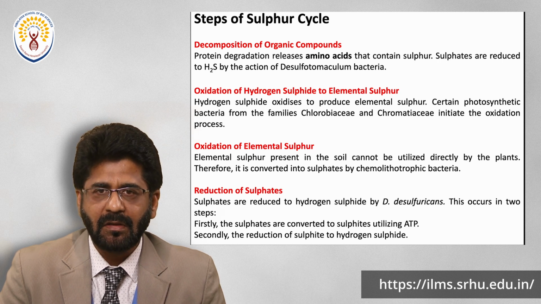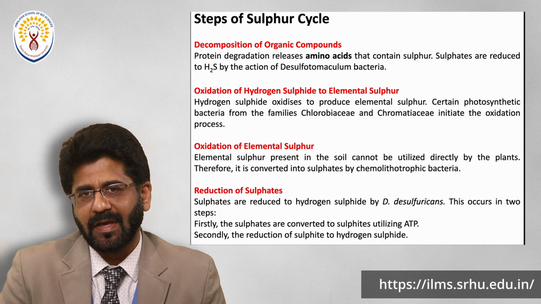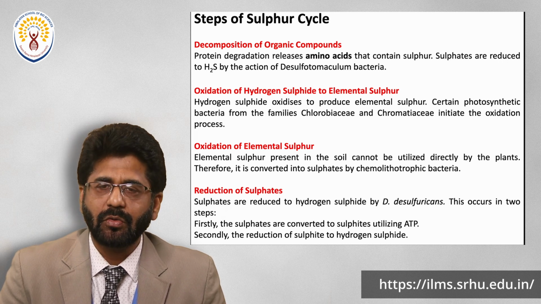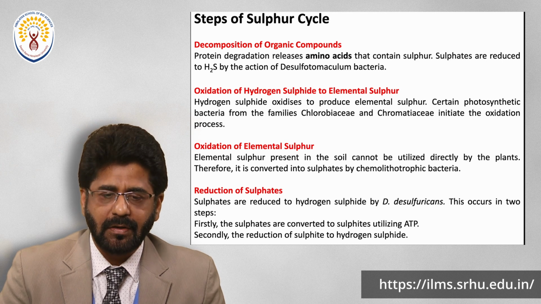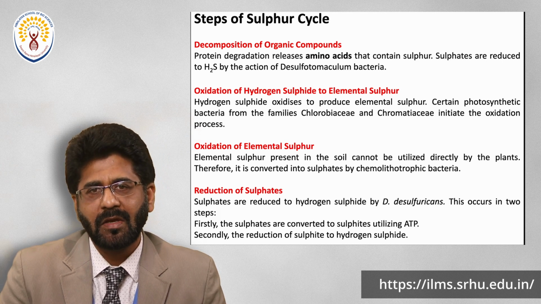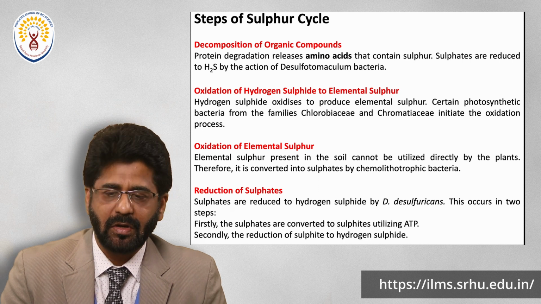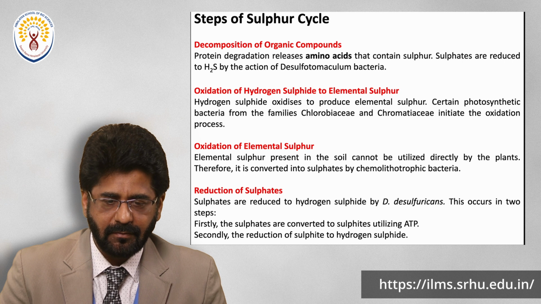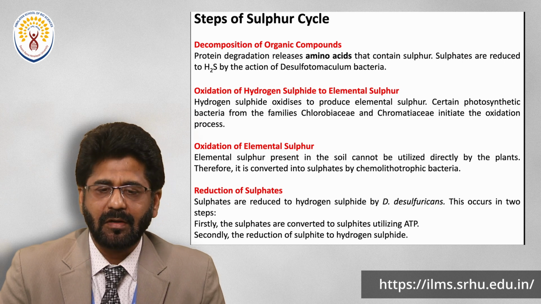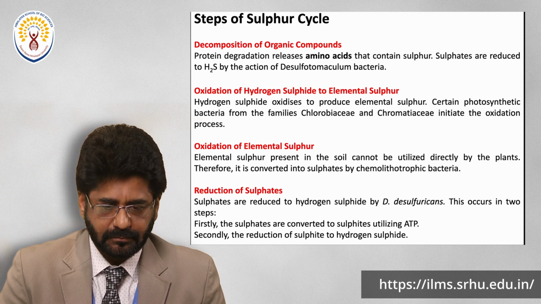This elemental sulfur is not in the form in which plants can absorb or use it. So the conversion is essential here, and this conversion is performed again with the help of microorganisms. Several microorganisms convert elemental sulfur to sulfates.